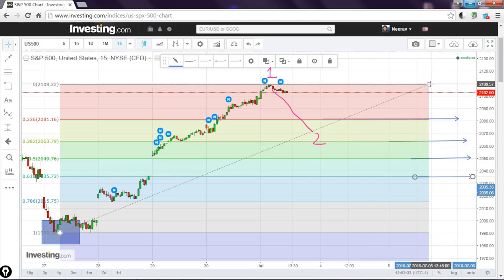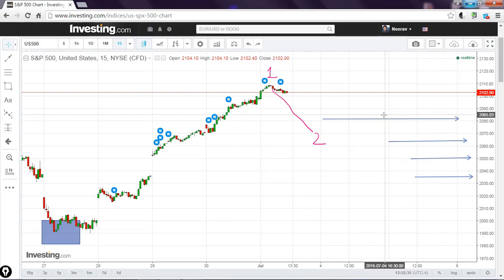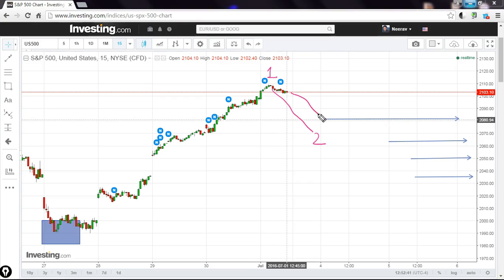So now let's just remove the Fibonacci tool, and what we are going to do in the chart further is that we will look for price to retrace at least till 0.236. So if someone is of the belief that wave 1 is completed till here, as I already specified that the data has many gaps, and hence we have to make a bit of assumptions. So we have made a wave count, and in that wave 1 is completed till here.